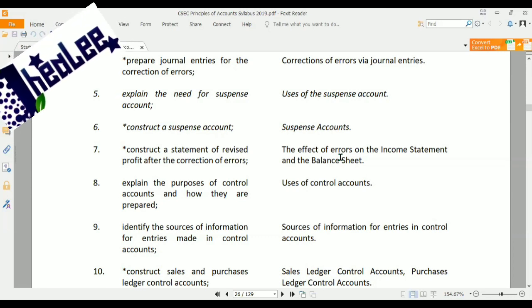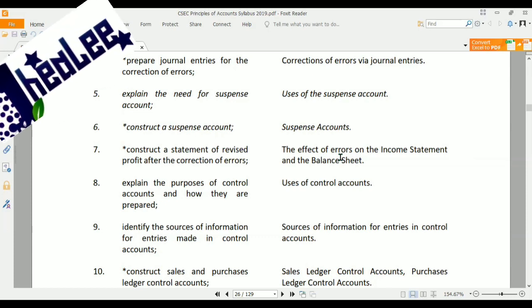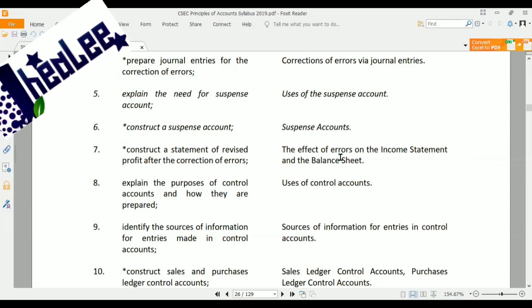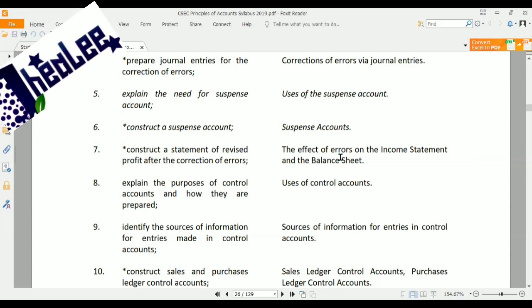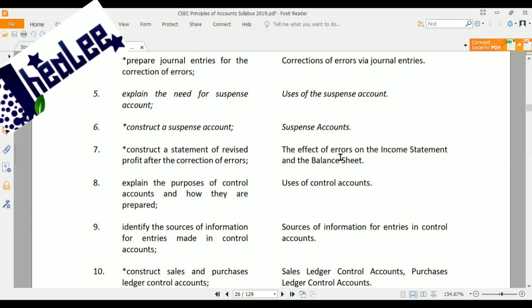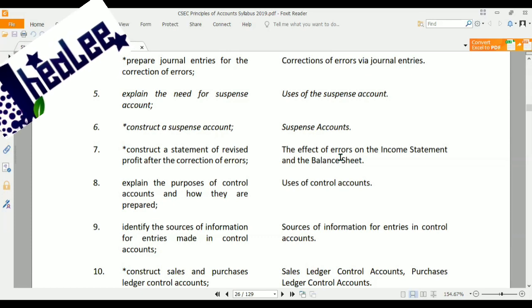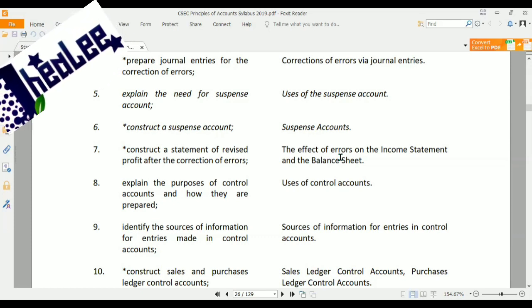To correct that, you'd have to add the overstated amount of the expense back to your profit so you can get the actual value of your profit. And there are other things that will affect your calculation of your profit. Bear in mind that if the item, based on correcting the error, does not relate to calculating your profit, that will not be included in the statement of revised profit.